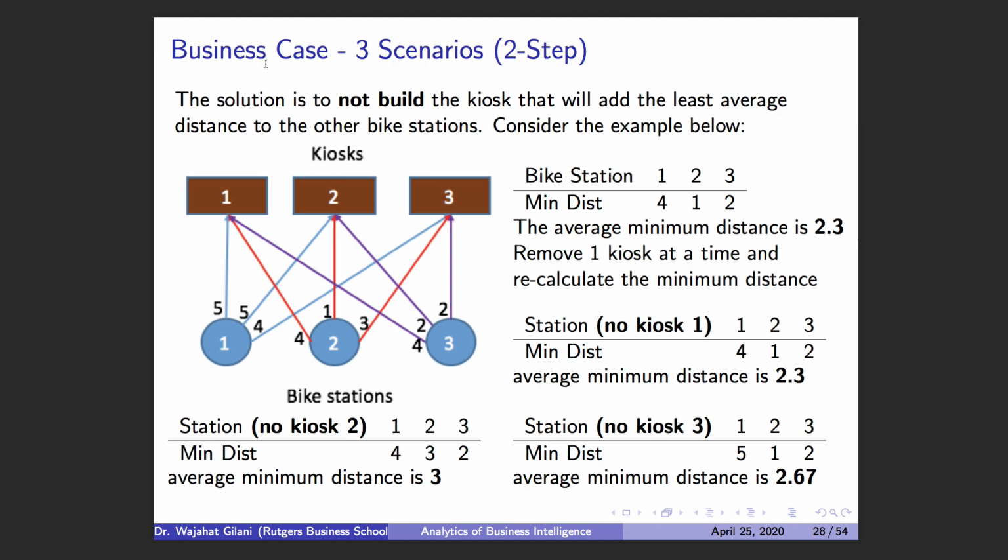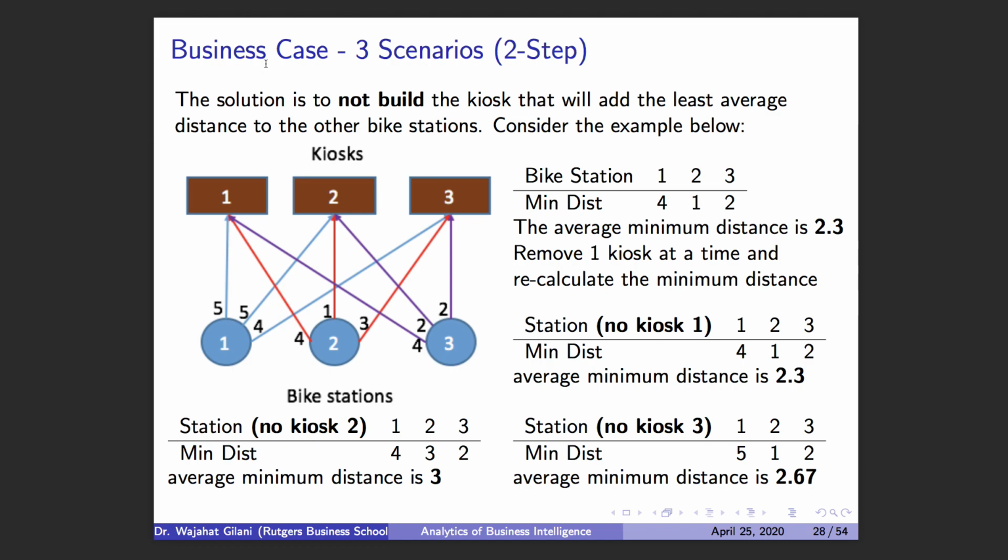Let's say if I build all 3 kiosks, the average minimum distance from each bike station to its closest kiosk is 1 mile. But if I build just kiosk 1 and 2, then that average minimum distance goes from 1 mile to 1.5 miles, okay? But if I build kiosk 1 and 3, then it goes from 1 mile to 1.2 miles.